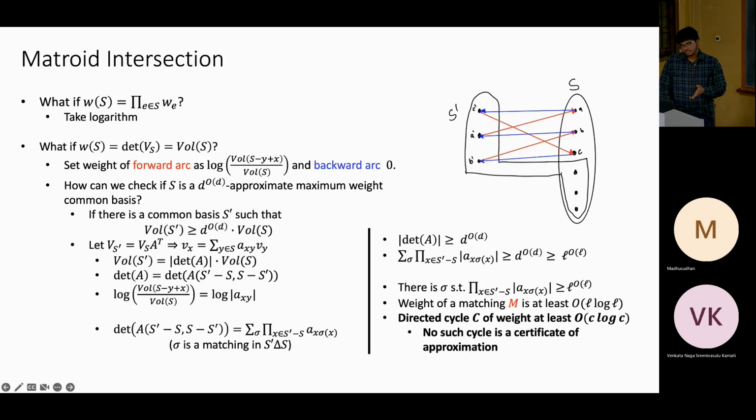And if no such cycle exists, then that's a certificate that you're already a d to the d approximation. So we really followed the same approach, where if some set is more than that, then there's a positive matching and a positive cycle, and the same stuff is happening.